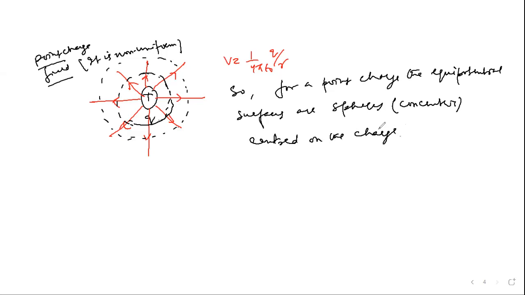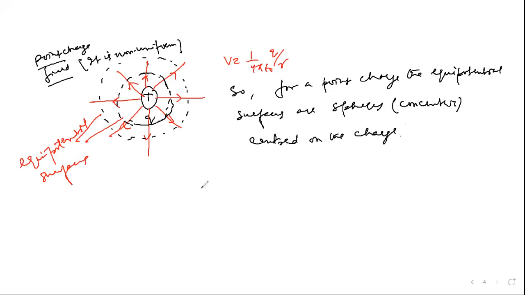For a point charge, the equipotential surfaces are spheres centered on the charge. Let me write here. So these are equipotential surfaces. I have constructed two, you can construct many, right?